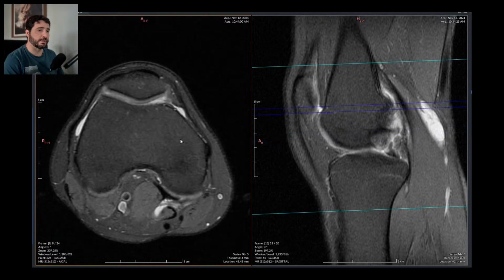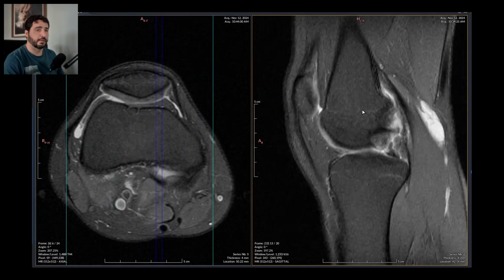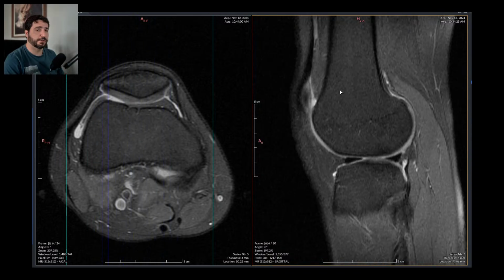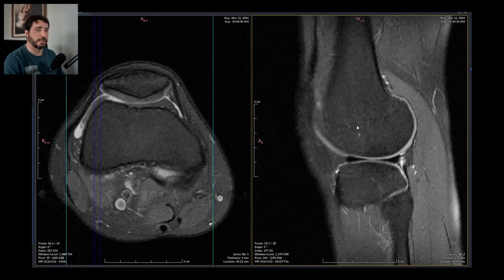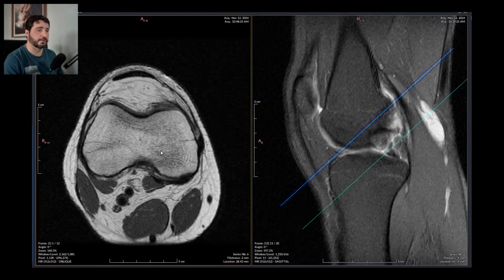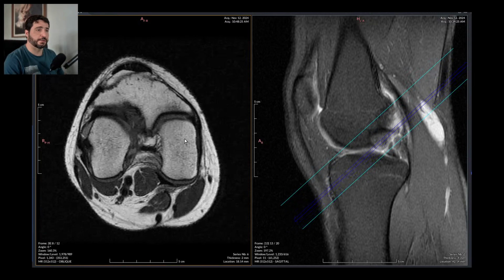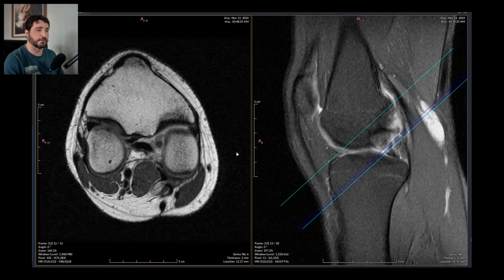There is no residual edema, not a very profuse effusion, it's not a really inflamed joint, so this surgery can go much easier than if it's an acute lesion right there.